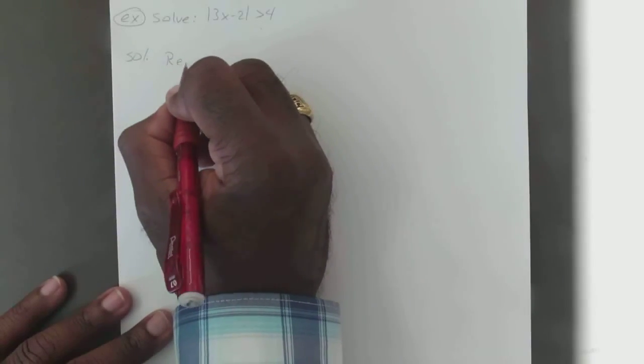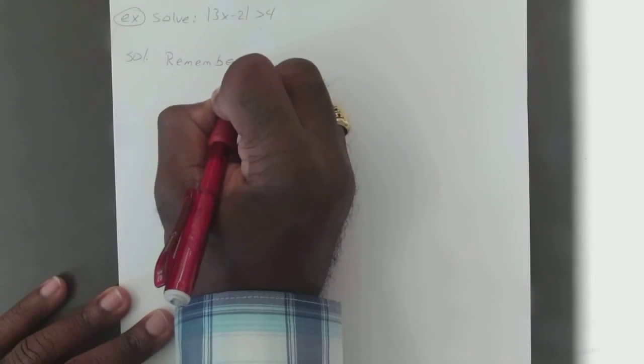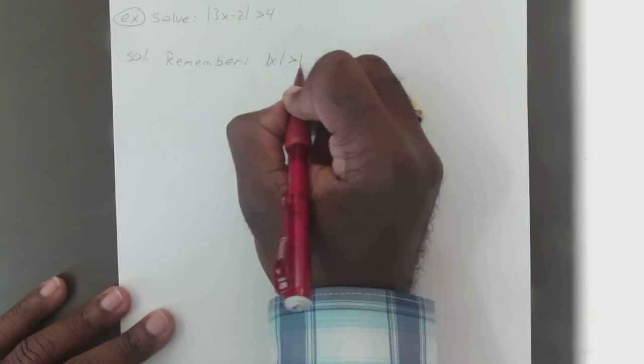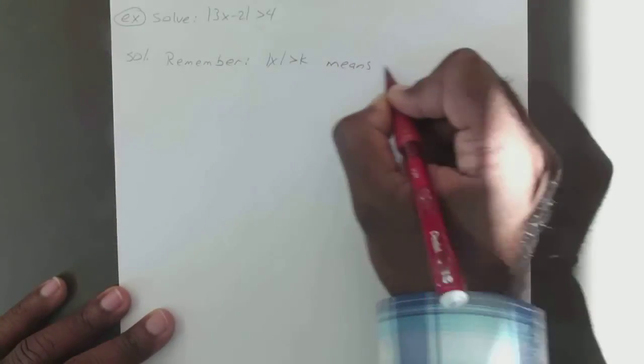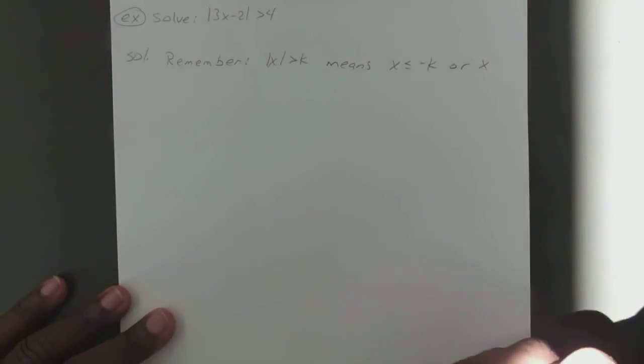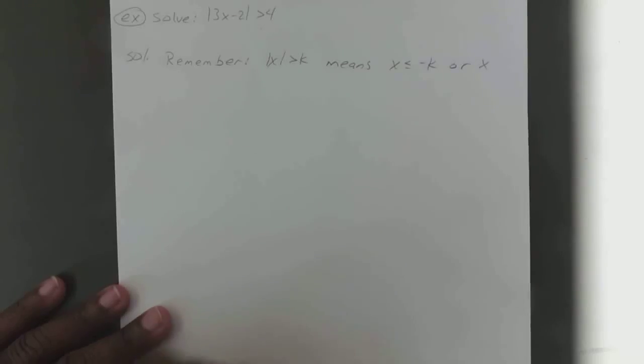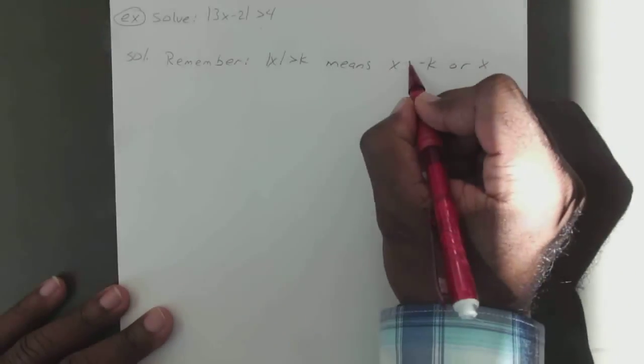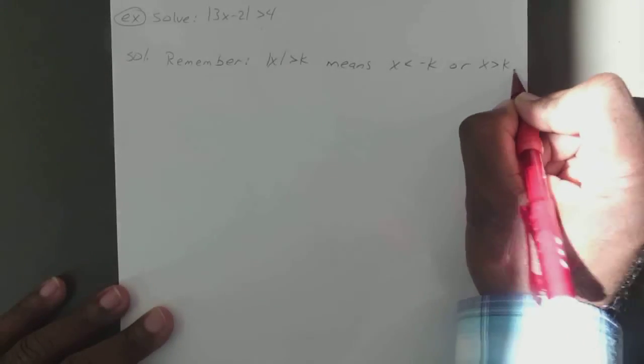And we have one more. The absolute value of 3x minus 2 is greater than 4. Now we have our greater than sign, so we just have to remember the absolute value of x is greater than k means that x is less than negative k, or x is greater than k.